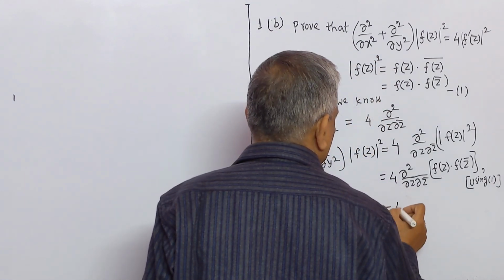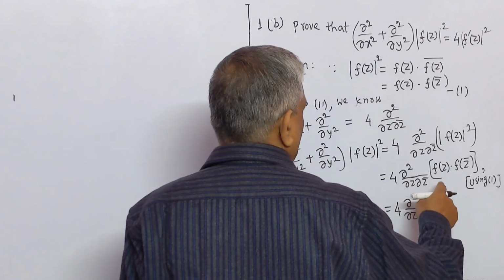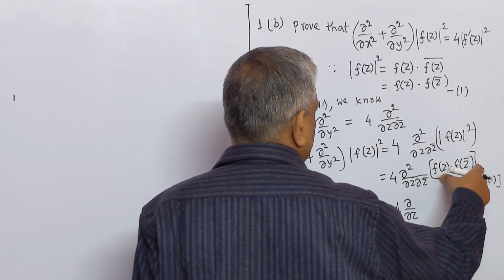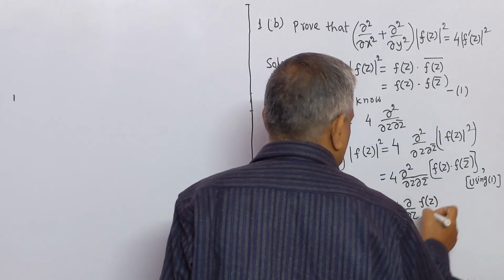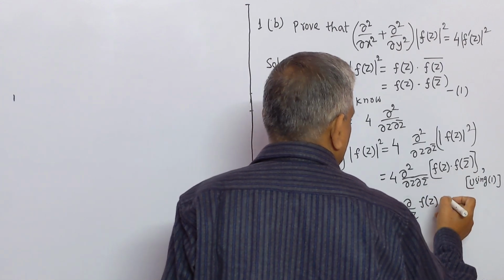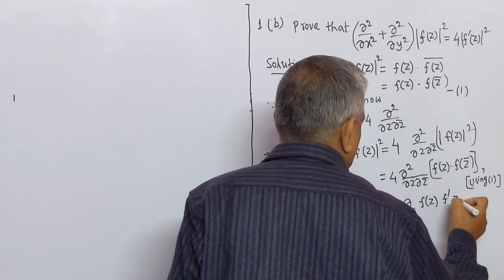And this will be equal to 4 del by del z. We differentiate partially this with respect to z bar. We get f z same and derivative of f z bar.